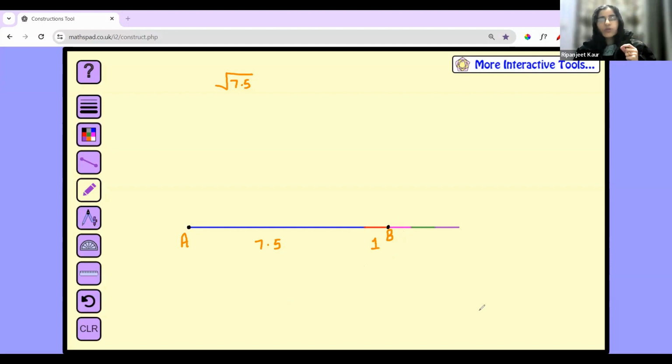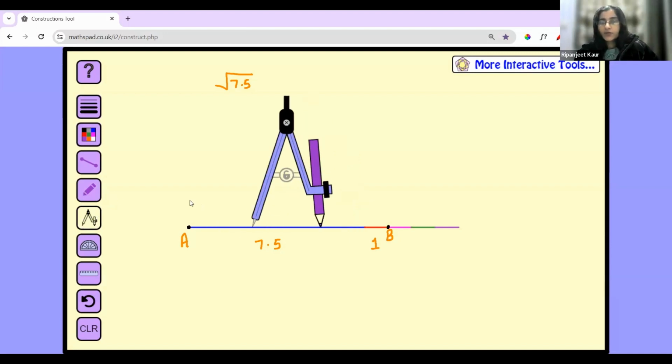What is the next step to find root 7.5 after this? The next step is that for this AB that we have found, we are going to construct the center. What is the center point of this line AB? We are going to find out.